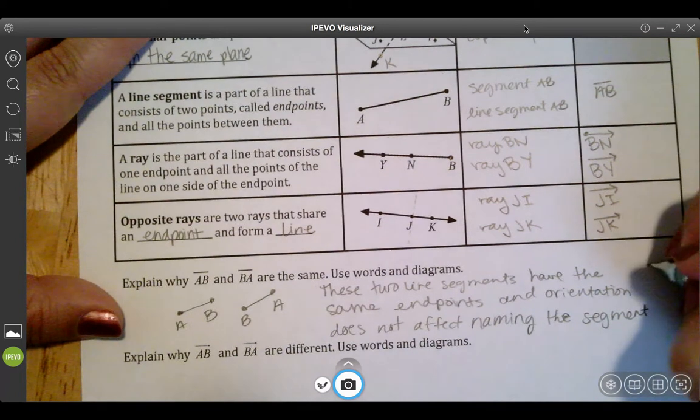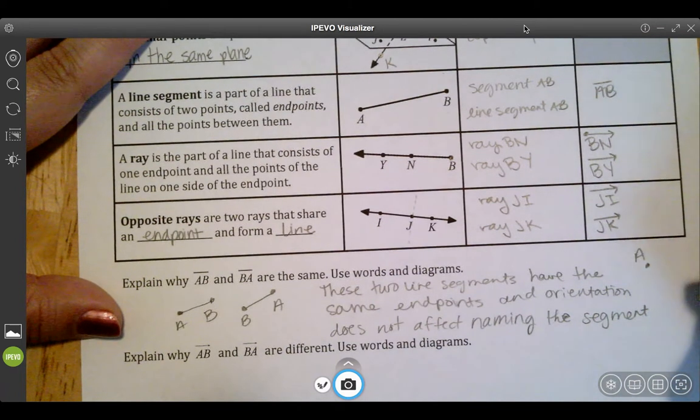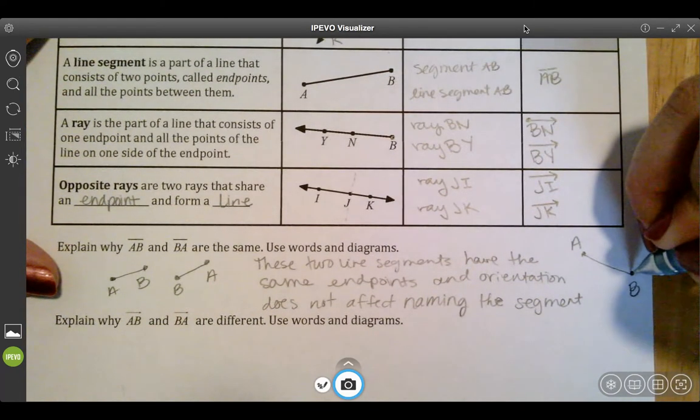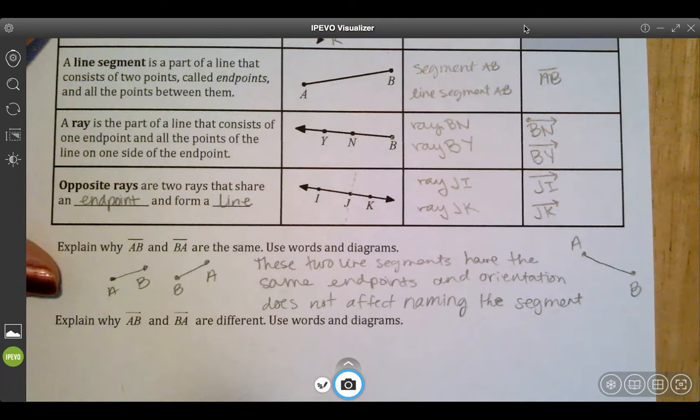Okay, so if I had a given point A and a given point B, whether I draw the line segment as AB or BA, it's the same line segment.